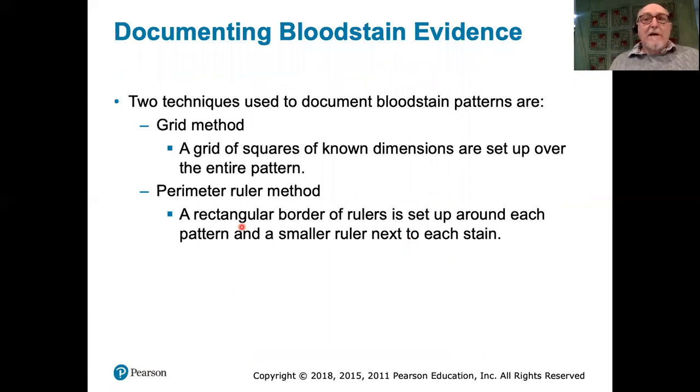Blood droplets are very carefully documented with photography, with grids and with scales present. As always in photography, we would have remote, closer, and then close-up photographs so that the blood patterns can be located in the crime scene afterwards. Anyway, read through those on your own.